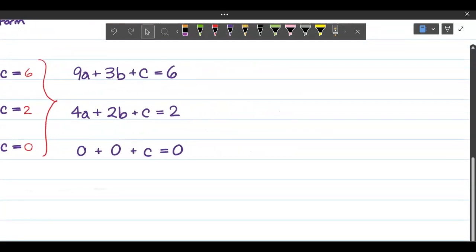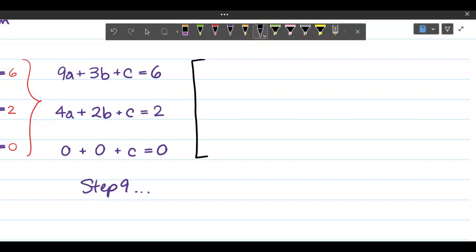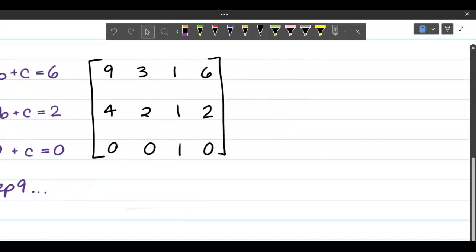What we now have here is a good old-fashioned Step 9 problem, where we just need to use our matrix to finish solving. So we would have 9, 3, 1, 6, 4, 2, 1, 2, 0, 0, 1, 0.